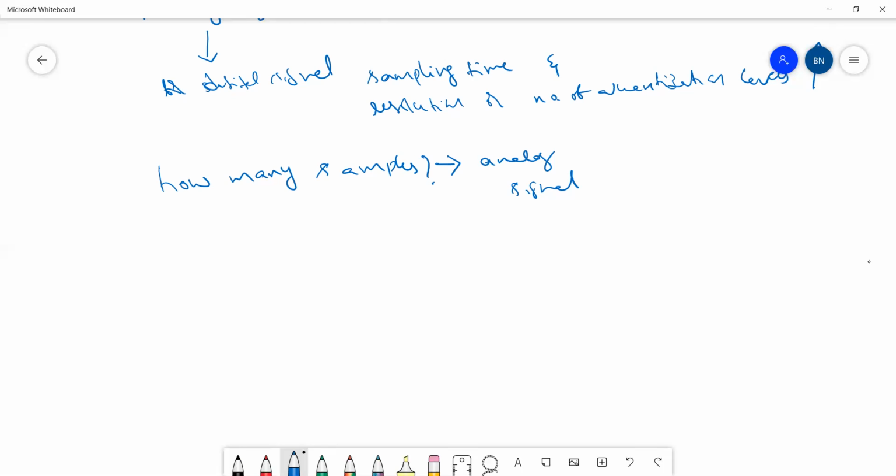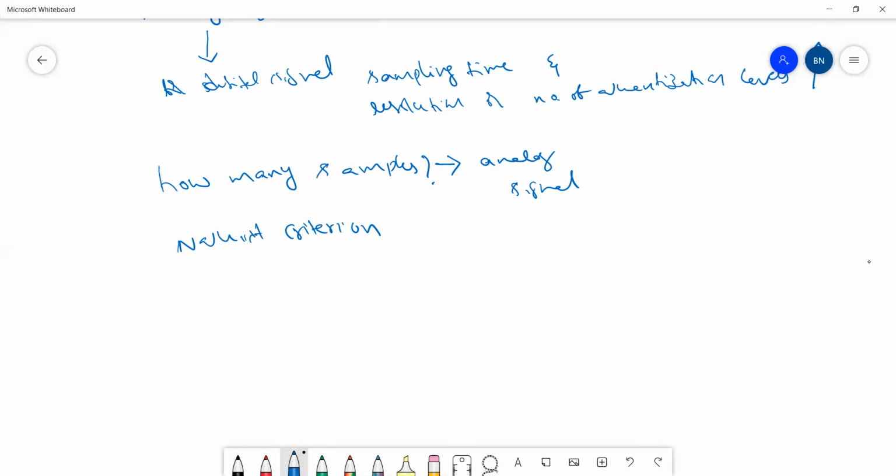As it turns out, the Nyquist criterion will define how fast the sampling rate needs to be to represent an analog signal accurately.